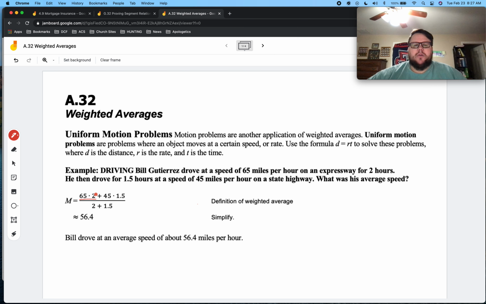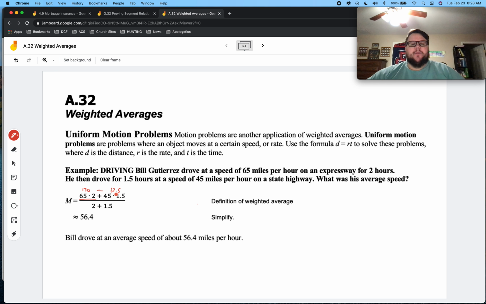So the first thing is he drove at 65 miles per hour for 2 hours. So 65 times 2 will give us 130 miles, plus 45 times 1.5, which would be 67.5 miles.